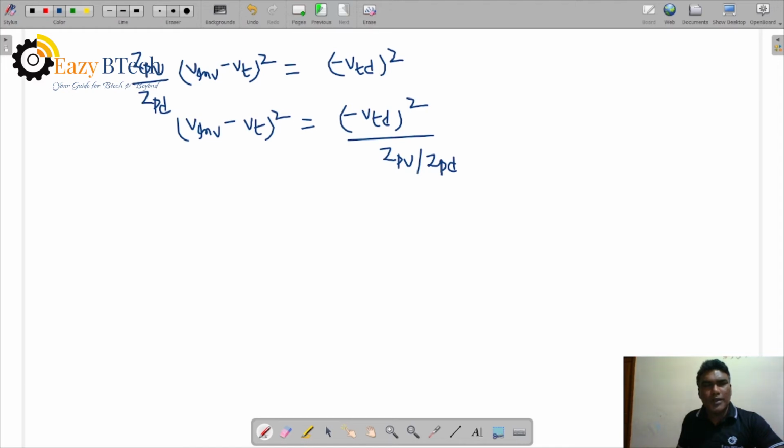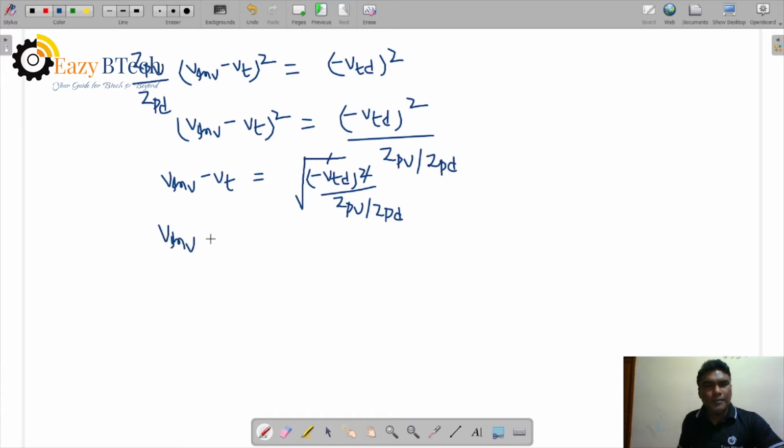Taking the square to the right side, it should be a root. So V inverter minus Vt is equal to the square root of minus Vtd whole square by Z pull up by Z pull down. The square and root cancel out. Taking minus Vt to the right side, it will be plus.